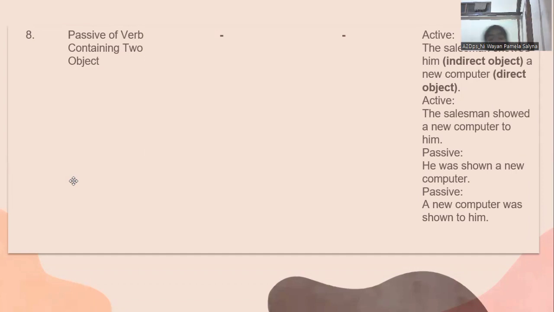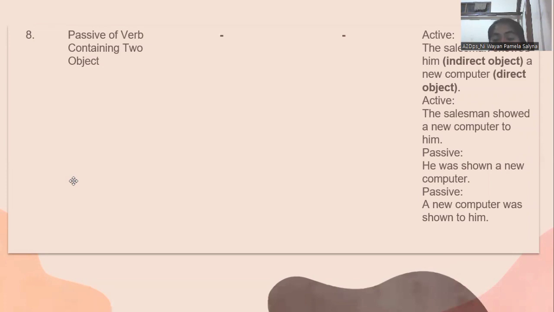For the example, the active voice is: the salesman showed him a new computer. And another: the salesman showed a new computer to him.